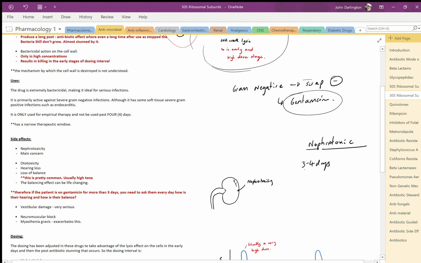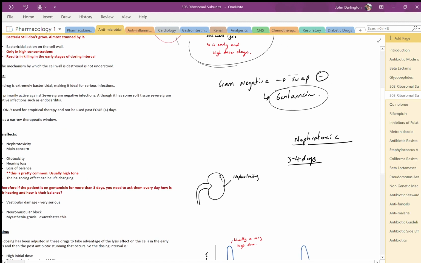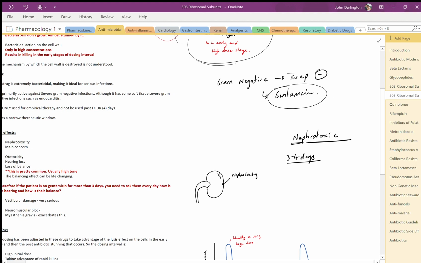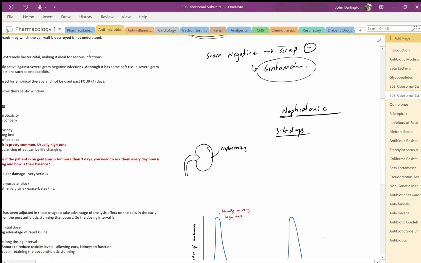That's the maximum that they should be on it, unless it's for really severe infections which are guided by microbiology. Otherwise, the risk of nephrotoxicity is very high. Also, if a person has poor kidneys and their kidneys are already not working, then they shouldn't really be put on this. It's a bit of a risk versus benefit case.